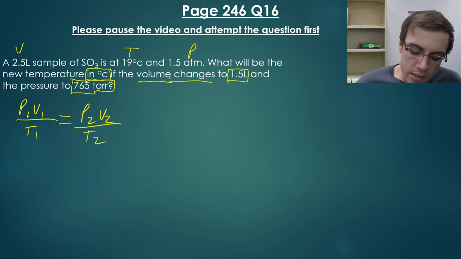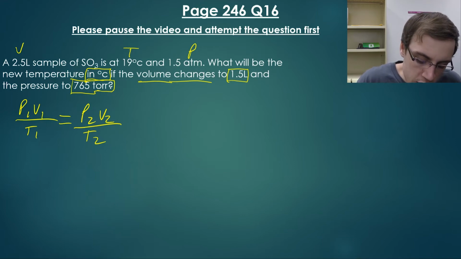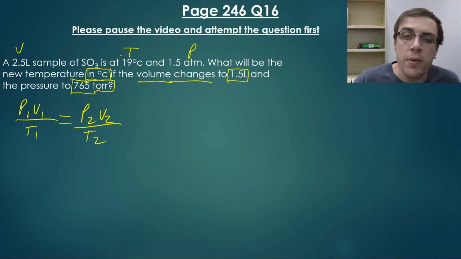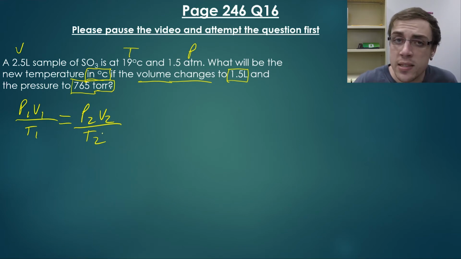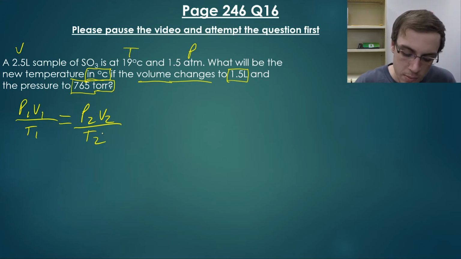Now I'm looking at my units here. Whenever we are using a temperature in these formulas, we still need to convert it to degrees Kelvin.